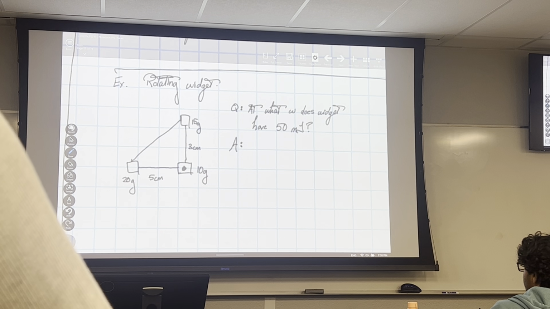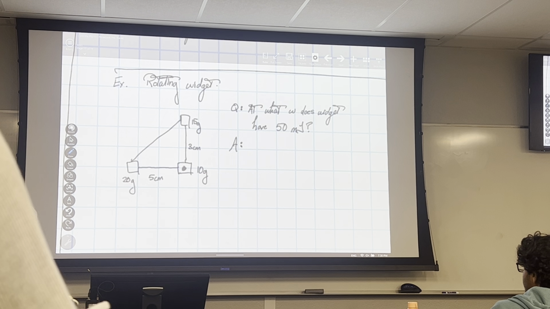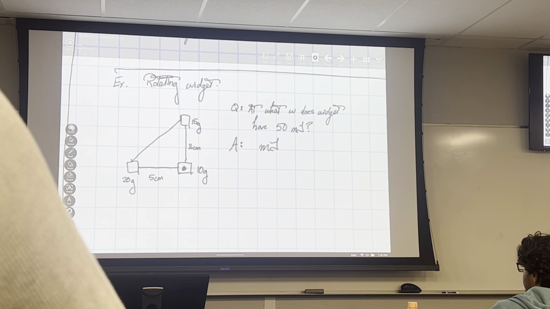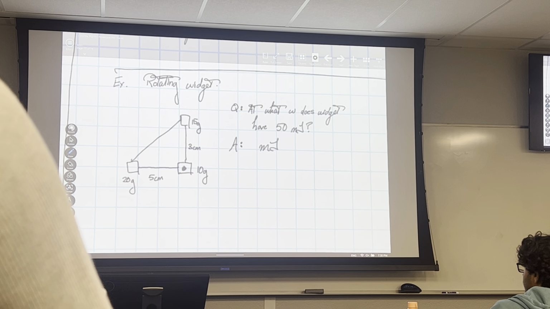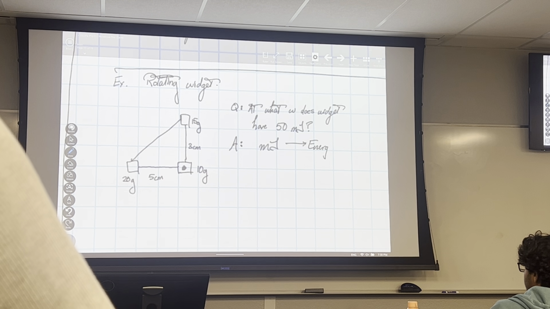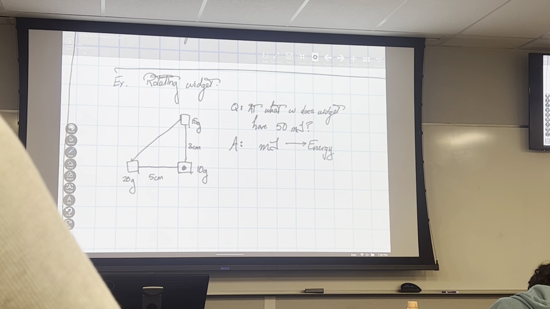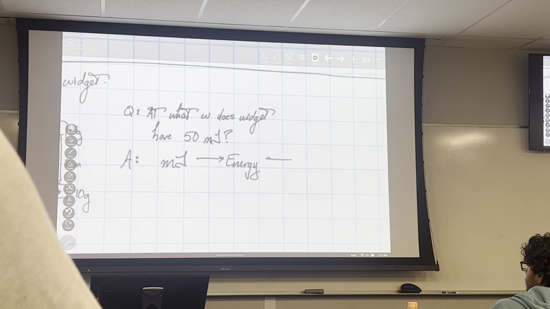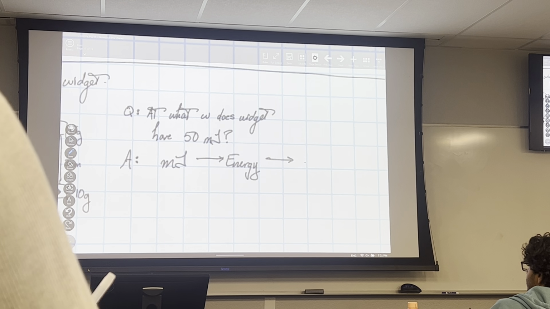Well, let's make sure we're understanding the problem correctly. Millijoules is a unit of what? Yeah, millijoules is a unit of energy. So essentially, what this problem is asking for is something regarding the kinetic energy, the rotational kinetic energy.